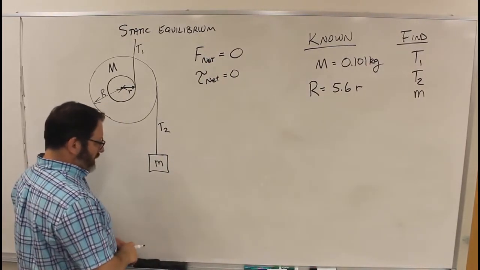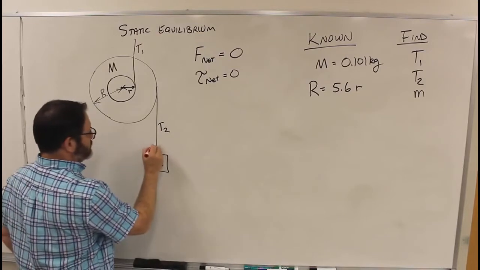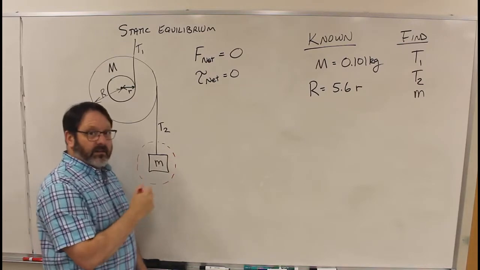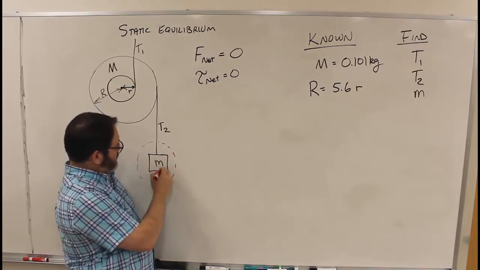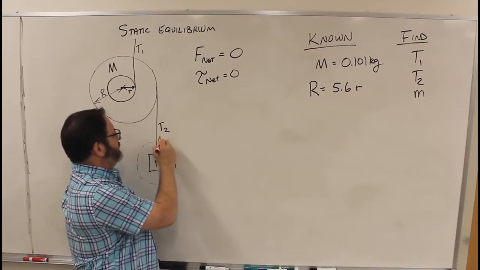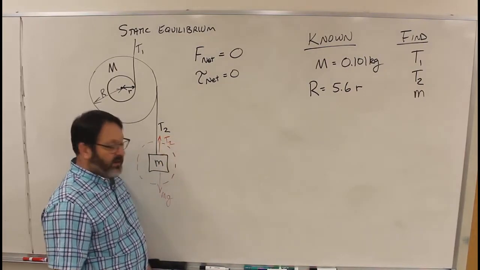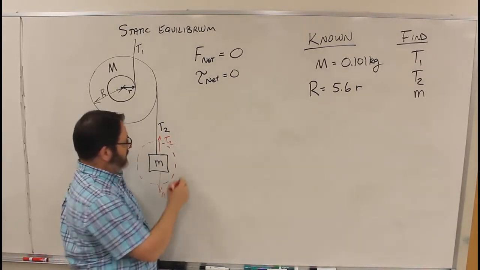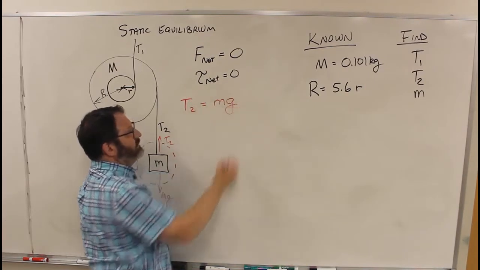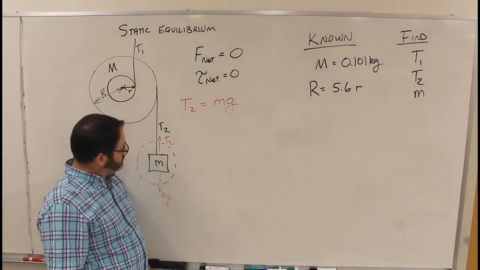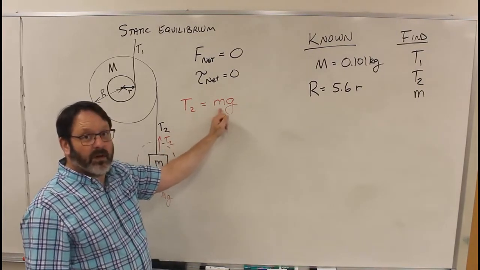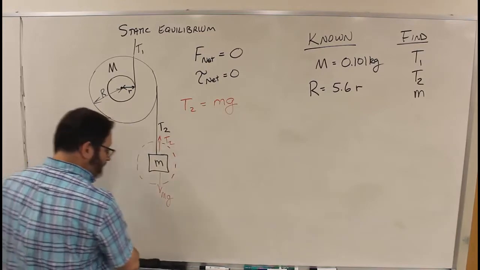If I do a free body diagram of this mass, we've got mg going down and T2 going up, and if the net force is 0, that tells me that T2 equals mg. So that would give us T2 if we knew what m was. Let's try something else.